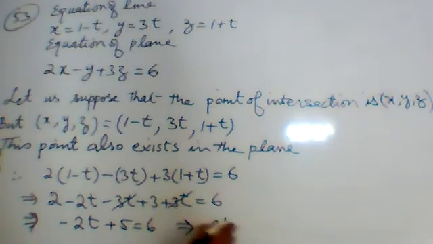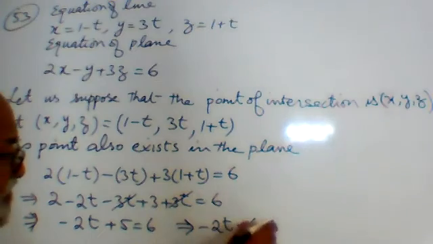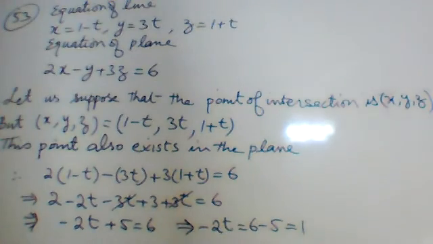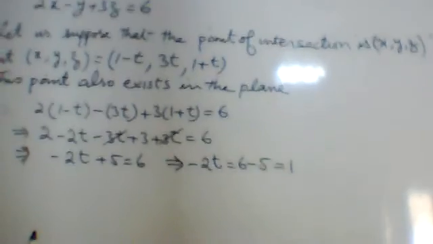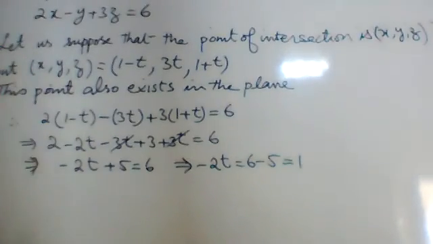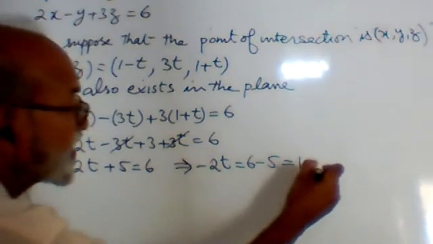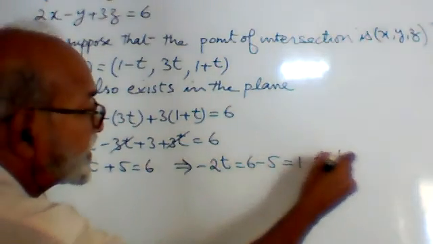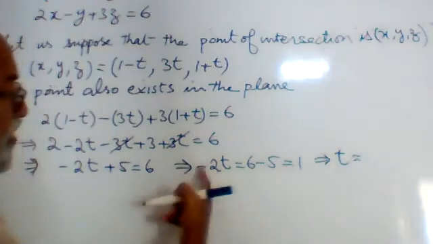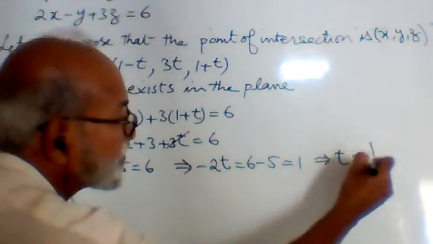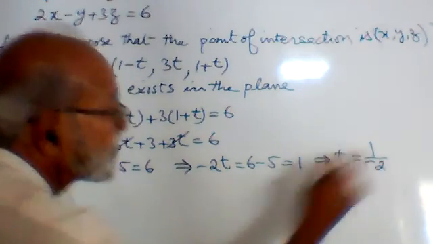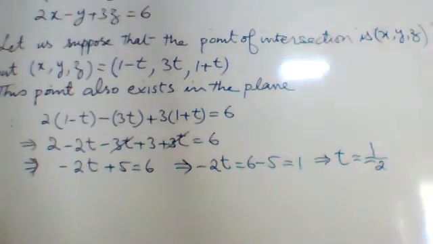Minus 2t, 6 minus 5 equal to 1. We will find the value of t. t will be equal to 1 upon minus 2. So minus 1 upon 2 is the value of t.